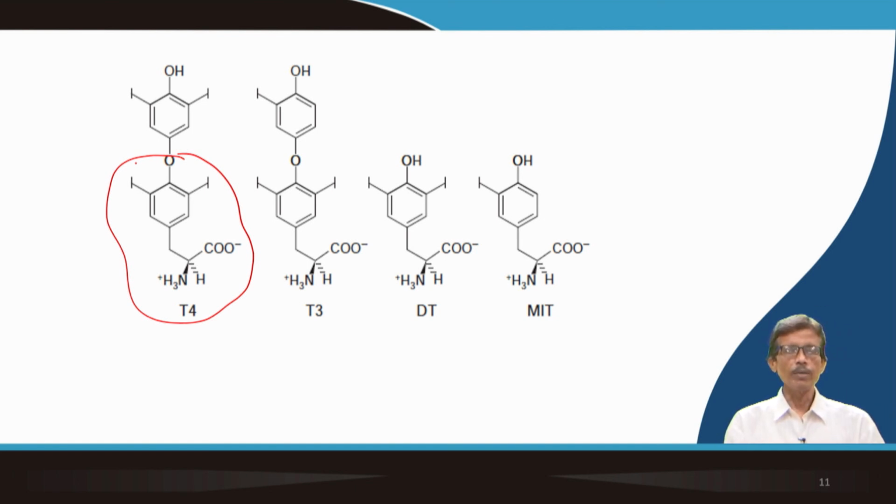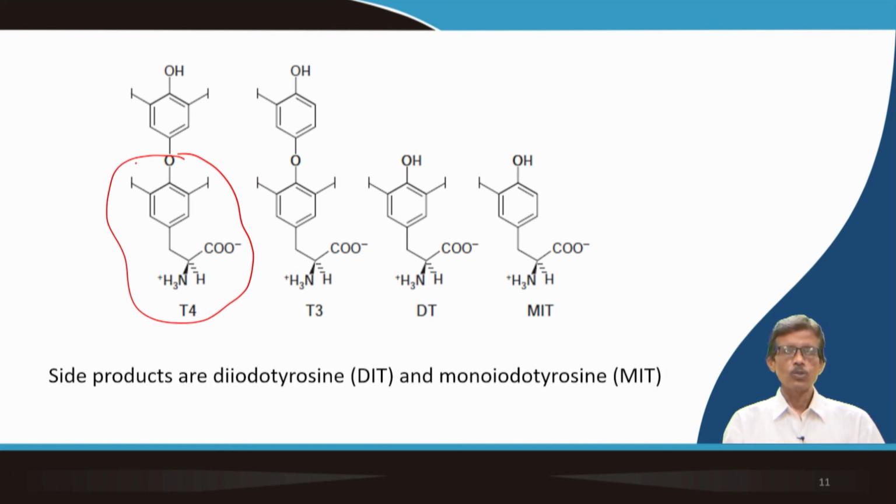So, the tyrosine amino acid can have a further phenyl ring, and you can have 2 other positions, the two ortho positions with respect to the OH, which are iodized. So, the DIT and MIT are the diiodotyrosine residue and monoiodotyrosine residue.